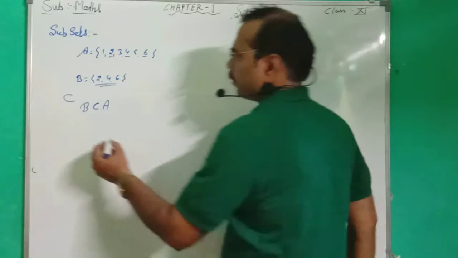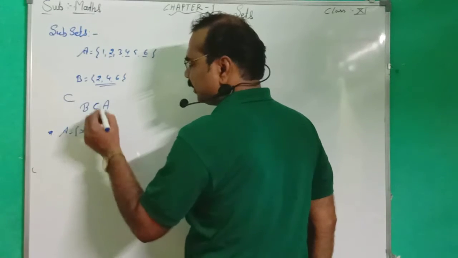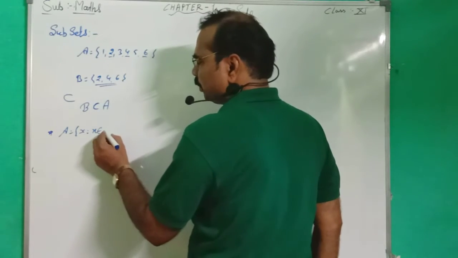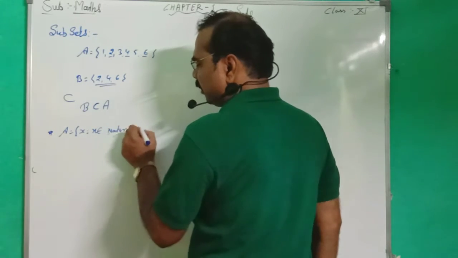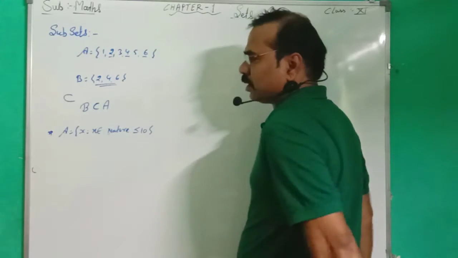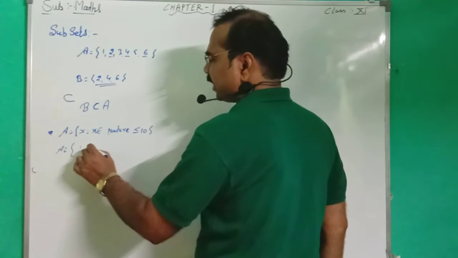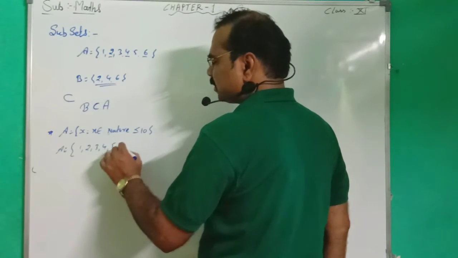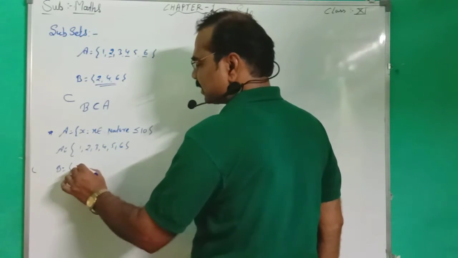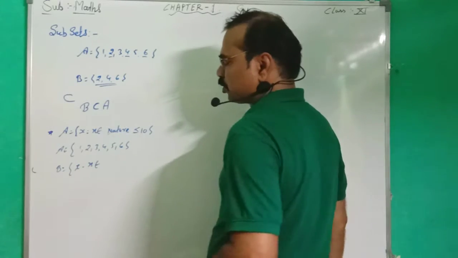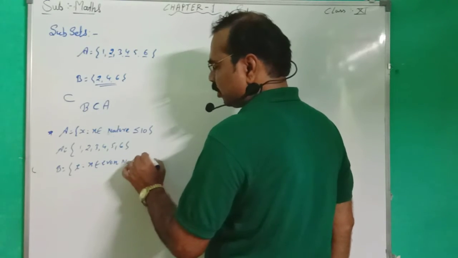We take another example. Suppose A is given as X such that X is a natural number less than or equal to 10. It means taking 1, 2, 3, 4, 5, 6 and so on. And we take another set B, X such that X is an even number less than or equal to 10.